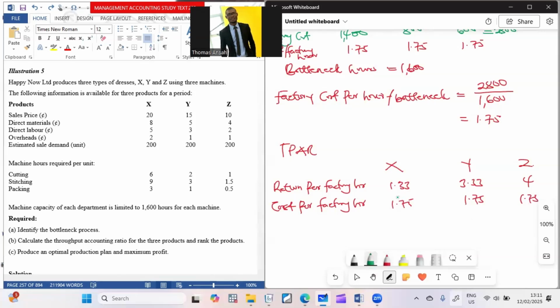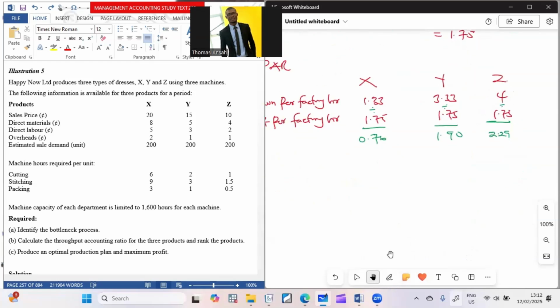So if I go in there to actually do the division, 1.33 and 1.75, as the formula gives, here is going to be 0.76. This one will be 1.90 rounded, and this is 2.29.